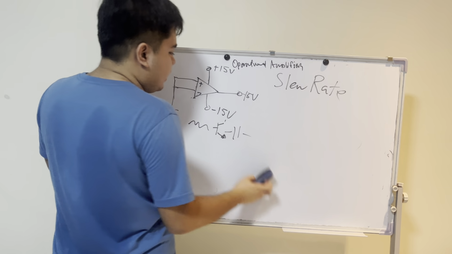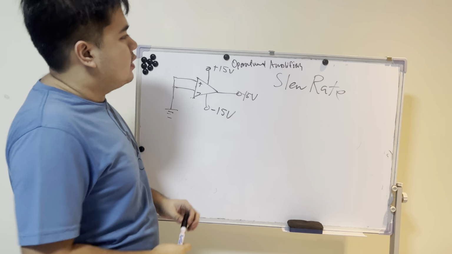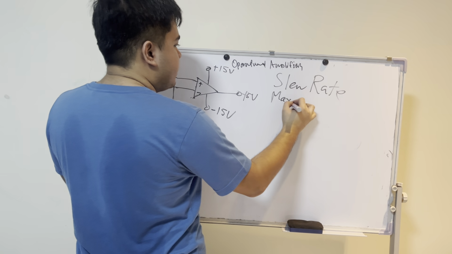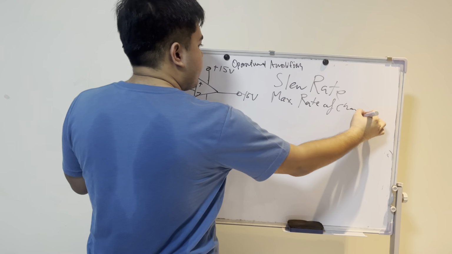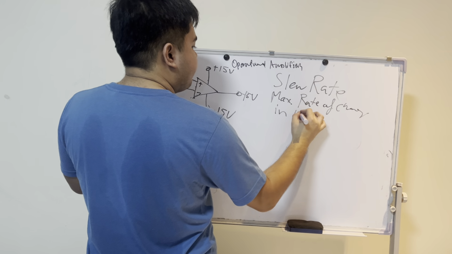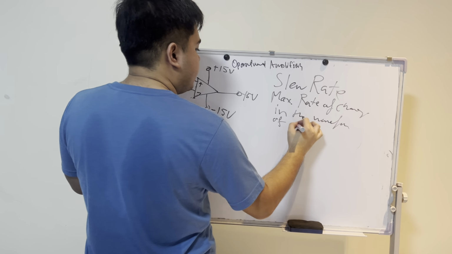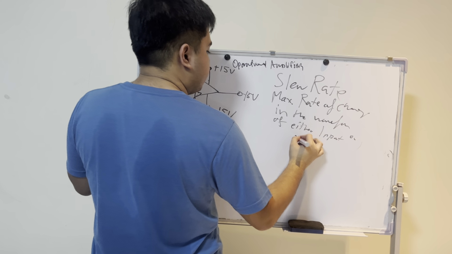So inside the operational amplifier, there is a slew rate. This is the maximum rate of change in the waveform of either input or output.